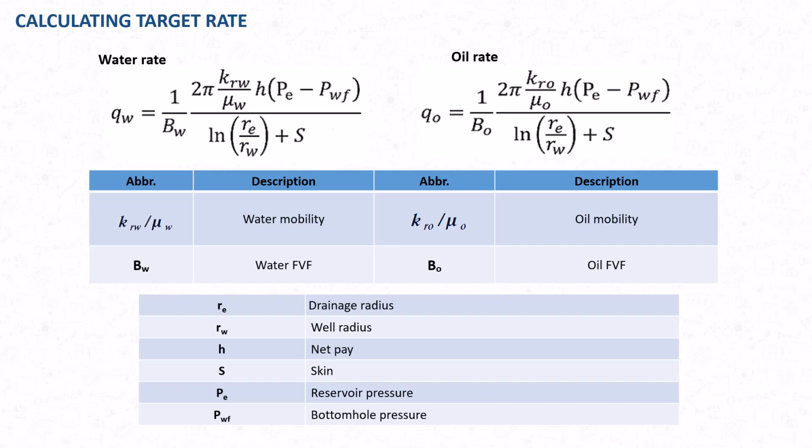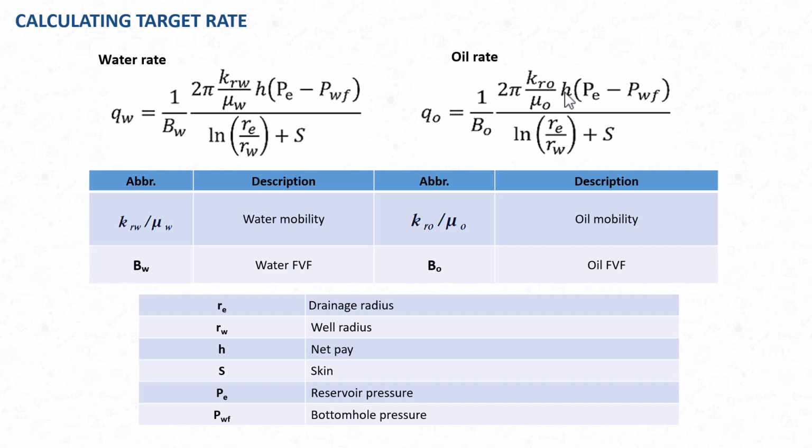But sometimes it's not even necessary, because most of these properties such as height, permeability, drainage radius, skin could be unitized as a productivity index.